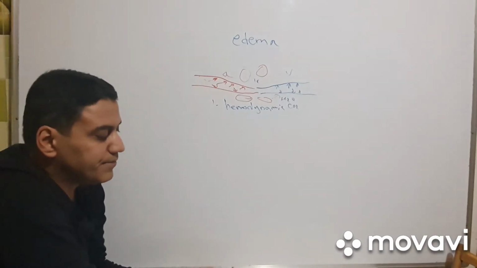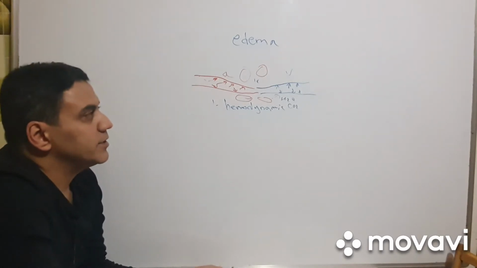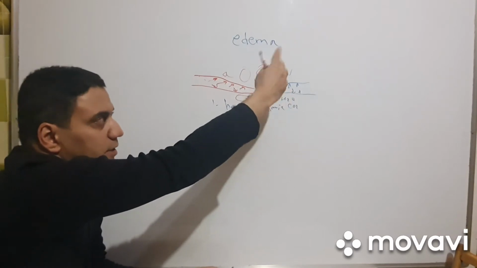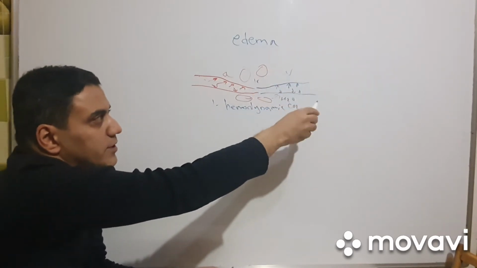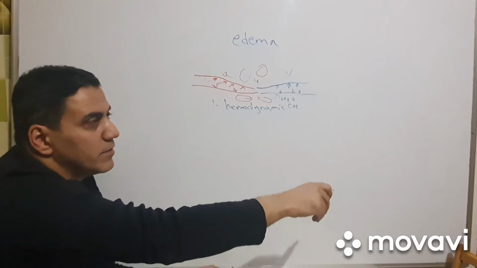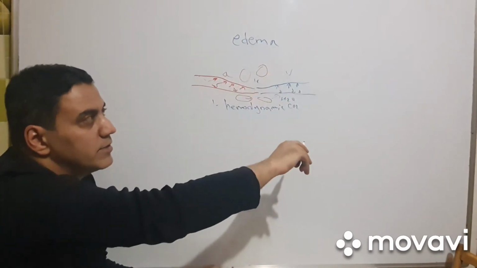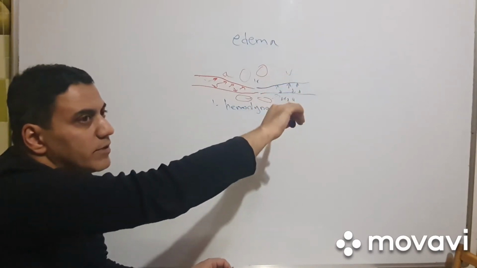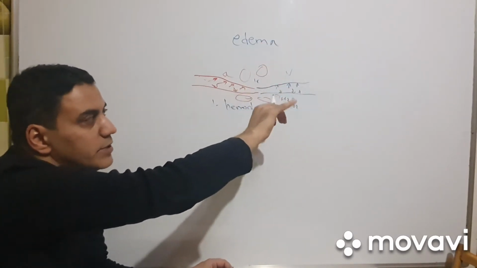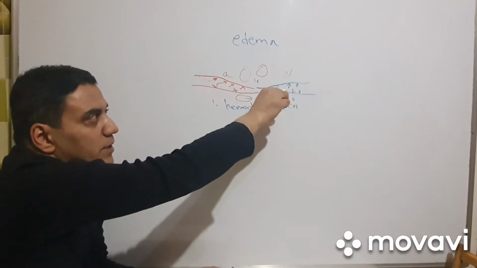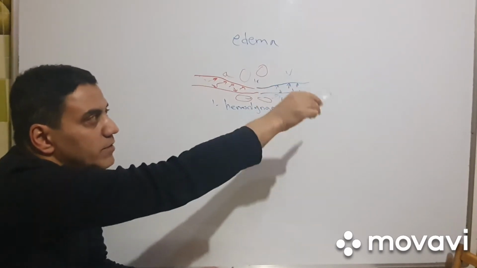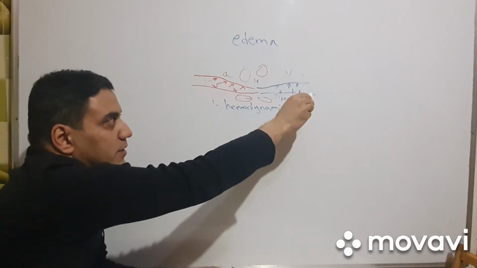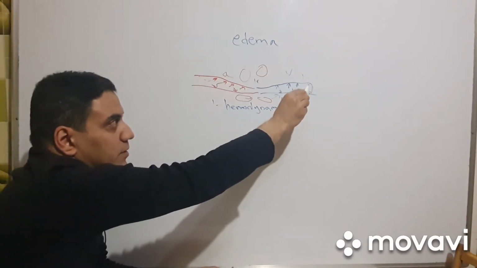It's normal. But in some cases, if the hydrostatic pressure on the vein side is high due to, for example, a systemic problem like heart failure, the heart cannot receive the blood from veins, so the blood in veins will be congested and hydrostatic pressure will be high here. Or it could be local, something pressing on the vein or inside the vein, for example, thrombosis.